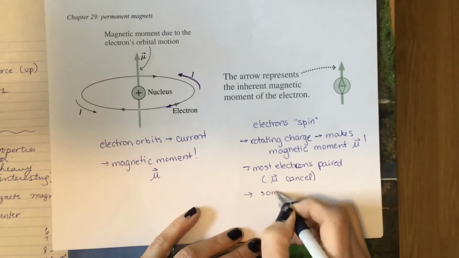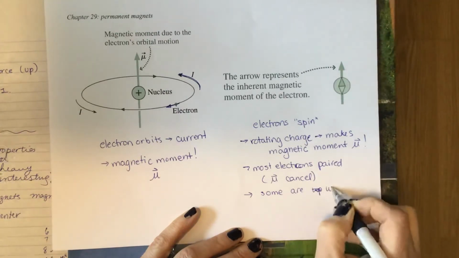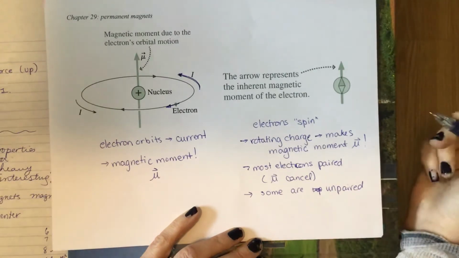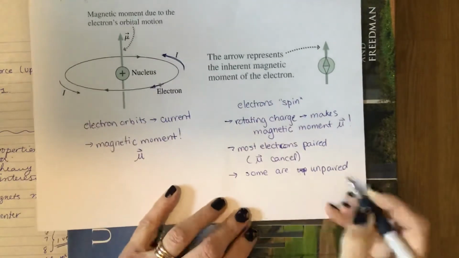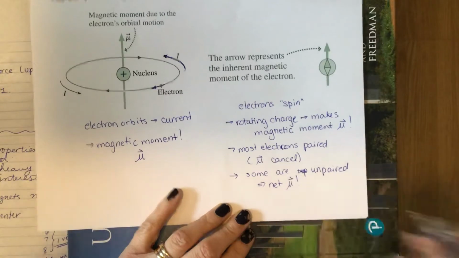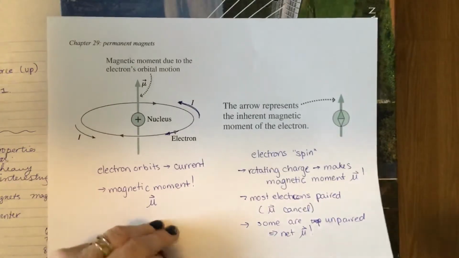So some of them are unpaired. And the unpaired ones have a magnetic moment which contribute to the magnetic field of the overall material. So that's a pretty interesting idea, and that brings us to permanent magnets.